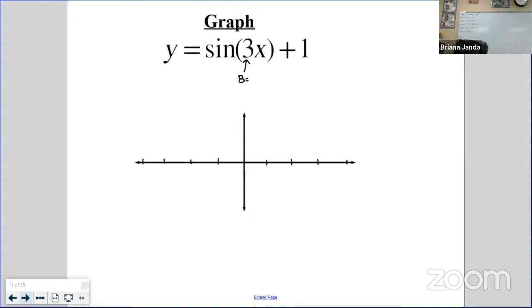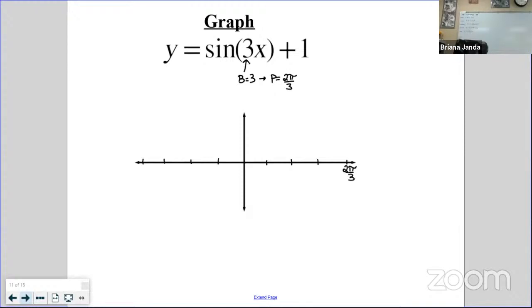Okay, the first place my eyes go is B. In this case, we have a B value. If B is 3, the period is 2 pi divided by that, and that does not simplify, right? Kind of an ugly one, and that's okay. 2 pi divided by 3 is 2/3 pi.